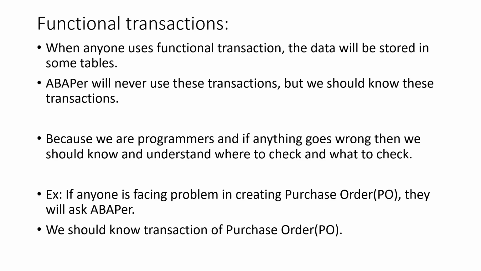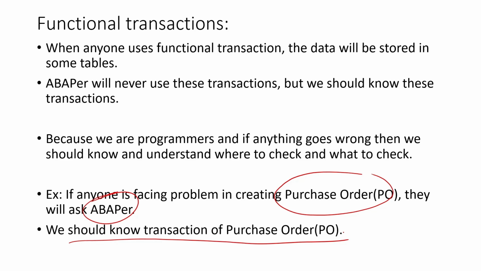The ABAPer will know. So they'll ask the ABAPer, the programmer, where and why, and to correct this. You should know the transaction codes and where the data is stored. For example, if anyone is facing a problem in a purchase order, they are going to approach the programmer, because the programmer works on the programs. So we should know what the transaction for purchase orders is.